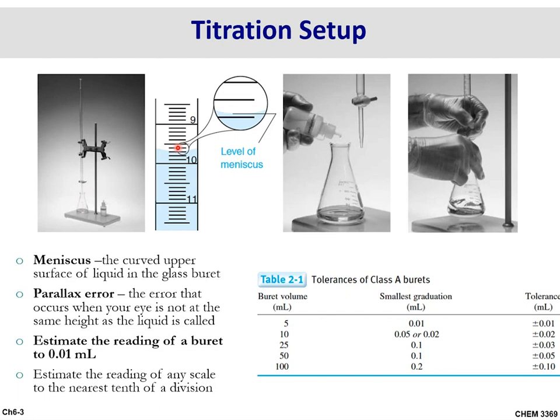So you will introduce an error which is called parallax error, if you're trying to estimate the volume without keeping your eyes at the same level as the liquid. If your eye is too low, the liquid will appear too low also. So this error that occurs when your eyes are not at the same height as the liquid is called the parallax error.